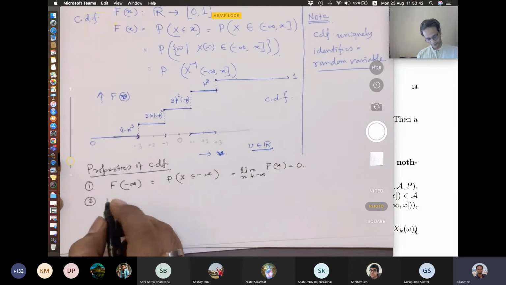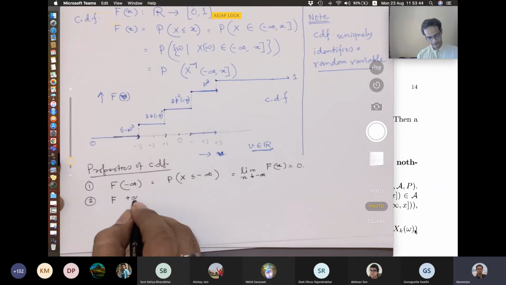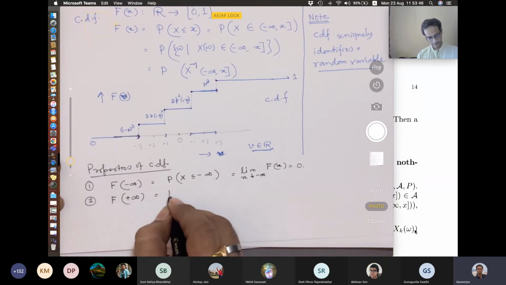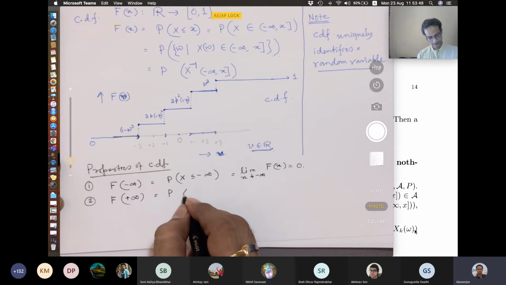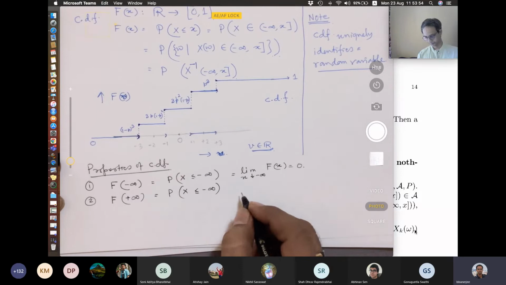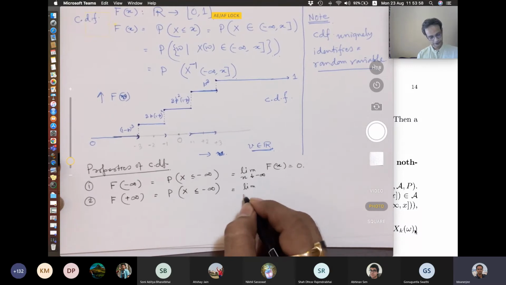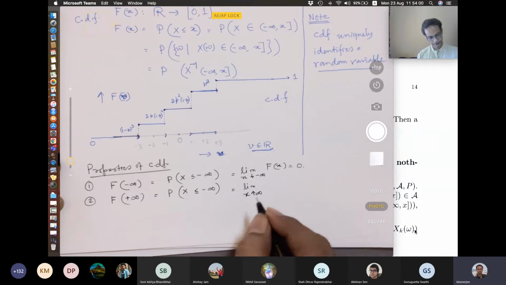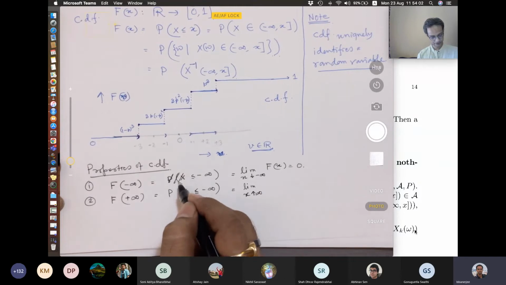Second property: if x goes to plus infinity, the probability that X is less than or equal to plus infinity is the limit as x goes to plus infinity of F(x). I think I should not write it this way.